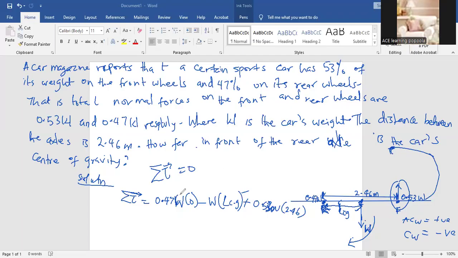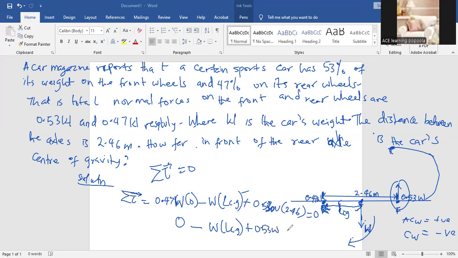So if we work this out, here we have 0, because this is times 0, minus W LCG, plus 0.53 W times 2.46, and everything should be equal to 0.